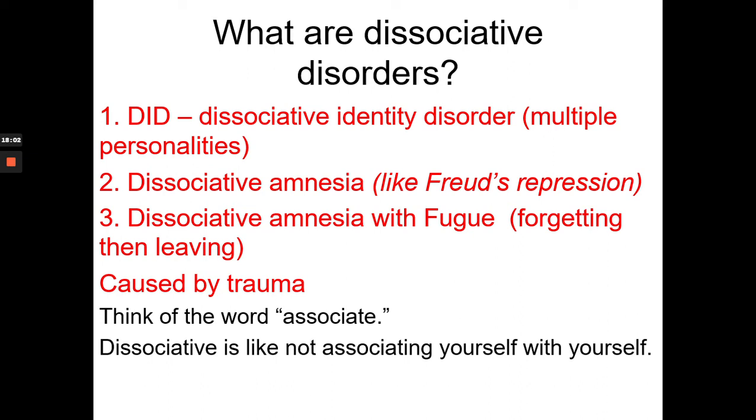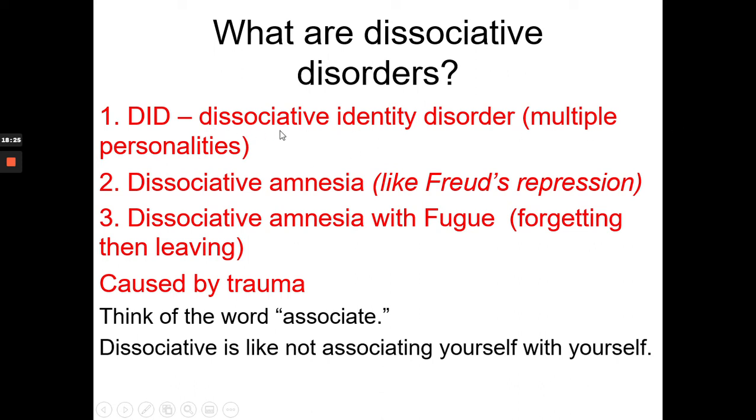So imagine this. You suffer a trauma, and it's pretty bad. What you could do is say, that trauma did not happen to me. That trauma happened to one of my other personalities, another one of my multiple personalities.